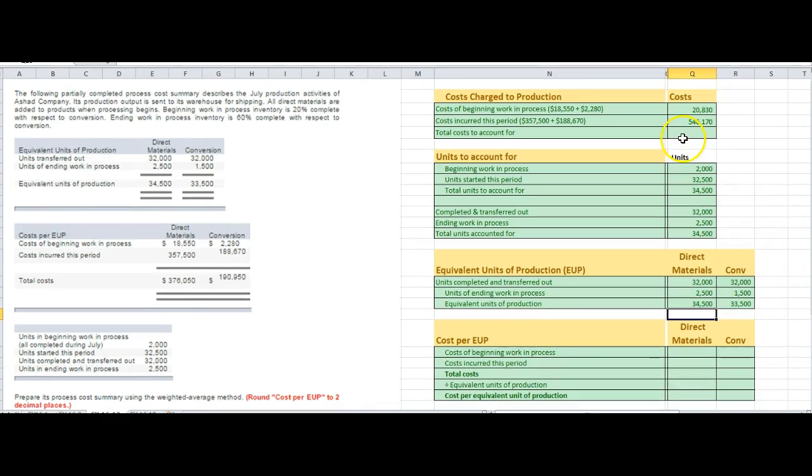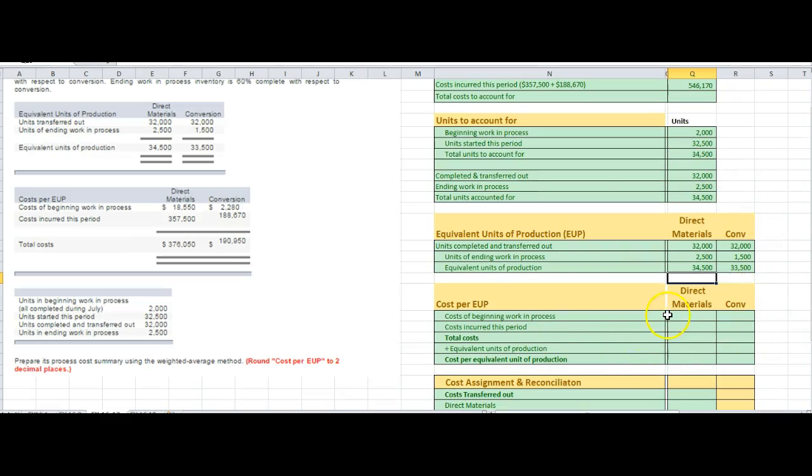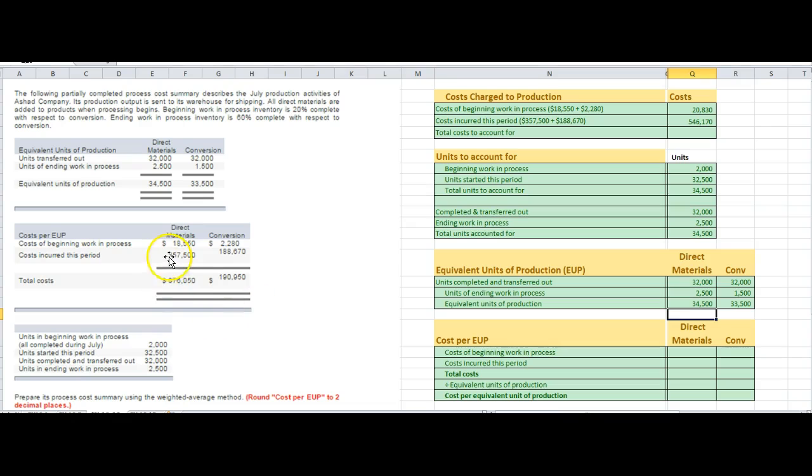Now we're going to drop these costs down here. The costs for beginning work in process, right here, are 18,000 for direct material, 18,550, and conversion is 2,280.